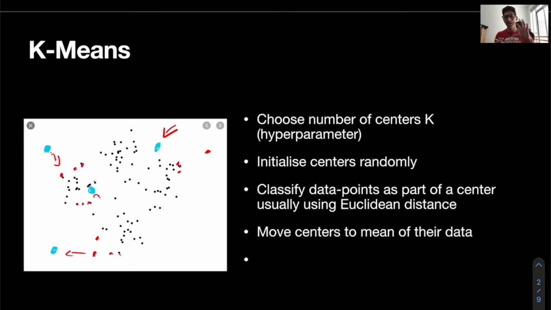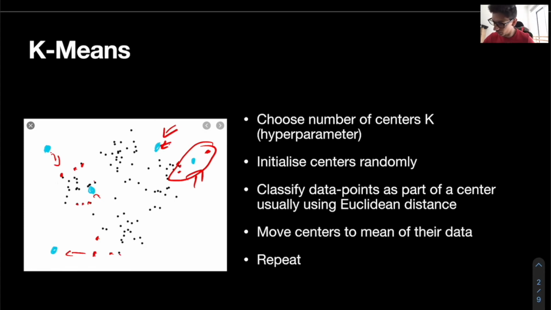Now we take the average of all of those points and move our centers to that location. So we take the average of all of these points over here and move our center to the average of those points. And we repeat that step iteratively till the total distance essentially converges.